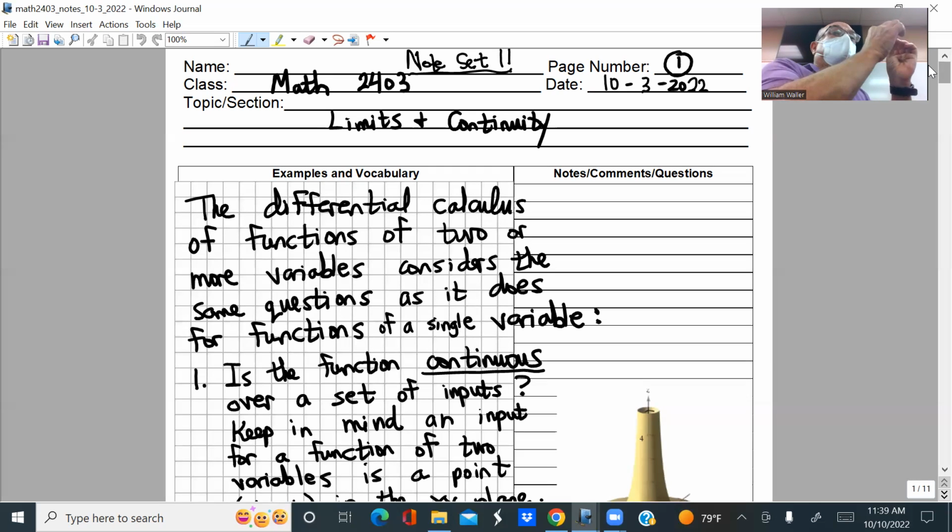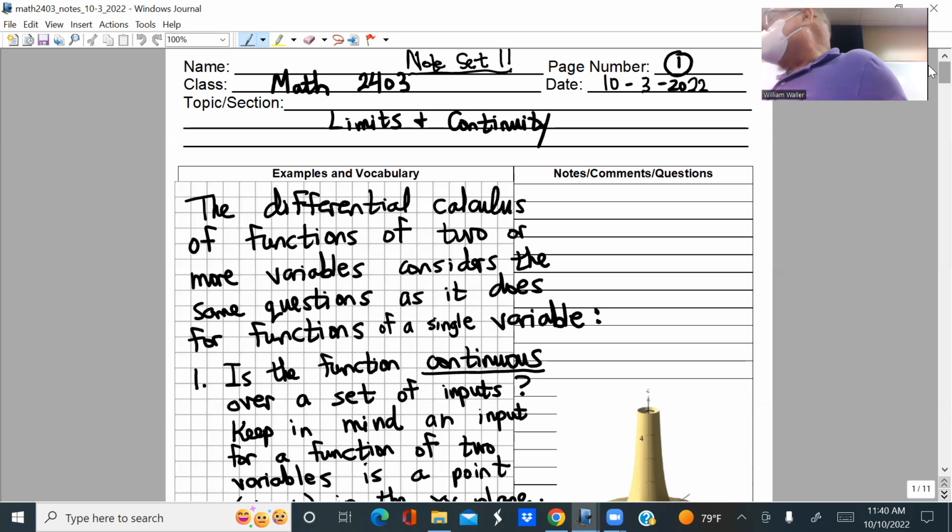So we usually think of the two input variables as being x and y. An input to a function of two variables, we normally picture geometrically as a point on the xy plane. And then our output from the function, the value we get after we plug our inputs into the function rule, we usually associate with z, and plot that along the z-axis in three dimensions.